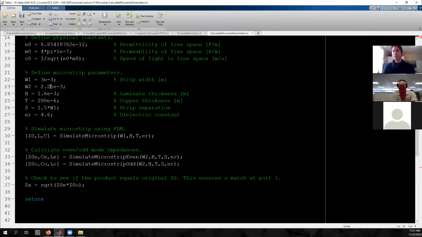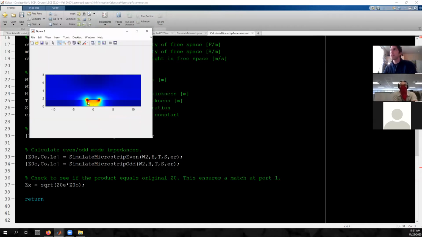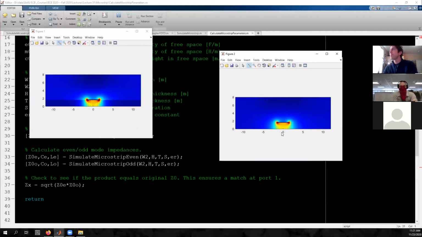So for example, suppose we run this again at 2.5 millimeters rather than 3. What that means is I'm going to have the default lines at 50 ohms, but when I do the coupled version, even and odd, I'm going to change their width a little bit to squish them in. So we'll run that simulation. There's the default, and then there's the even mode, and they're a tiny bit thinner now.